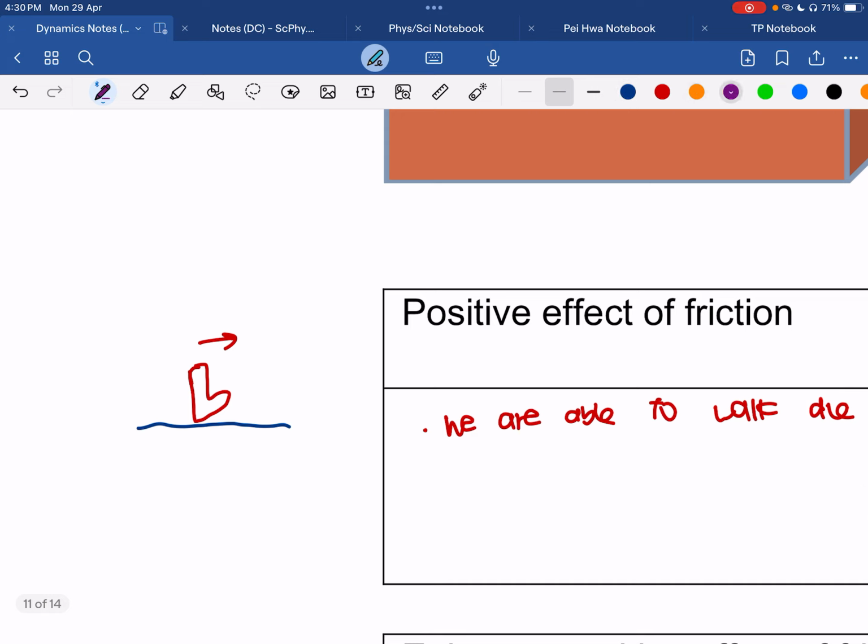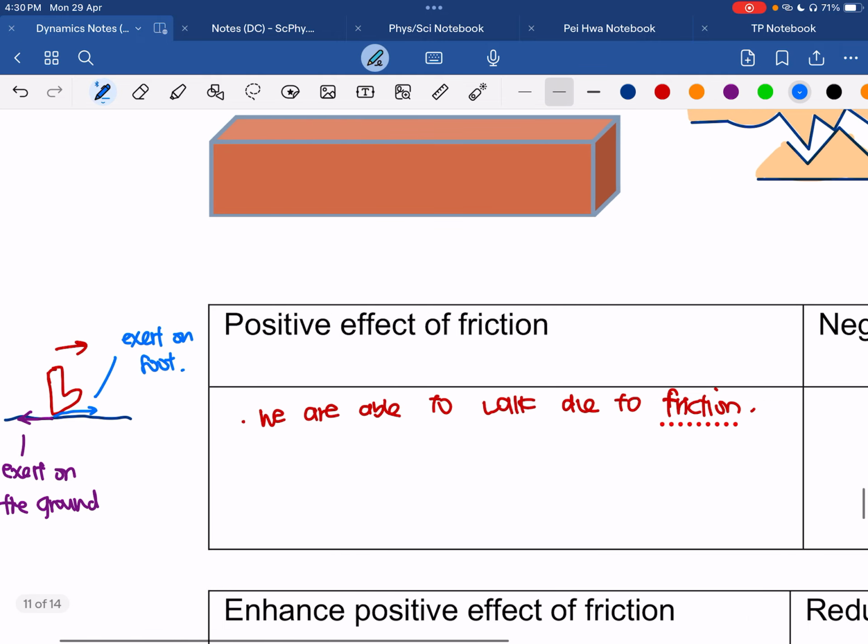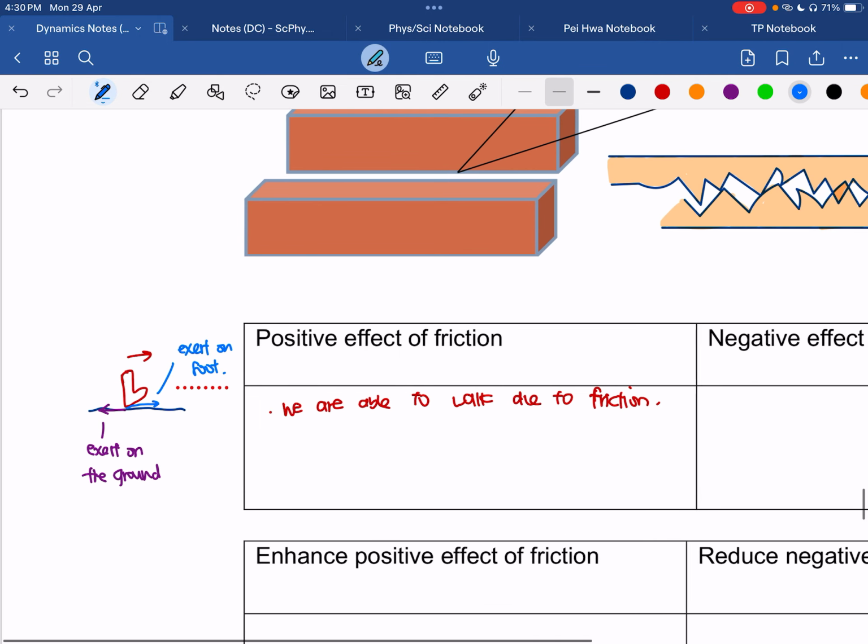Because the shoe slides on the floor, exerting a force on the ground to the left, the floor will exert in return a force that is opposite in direction, forward. That's what causes us to move. So we are able to walk because of friction.